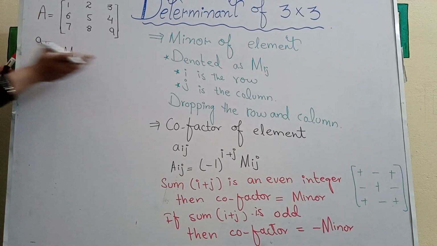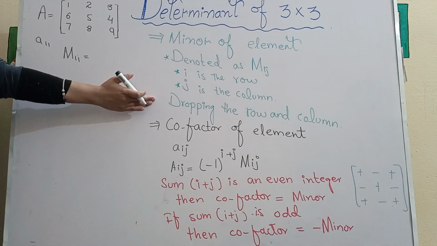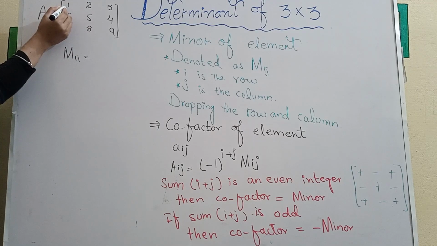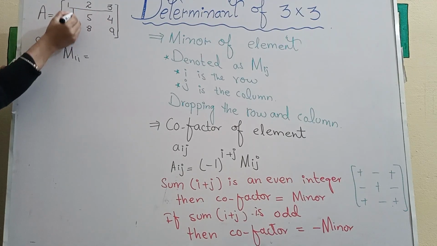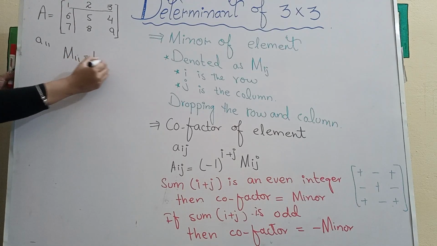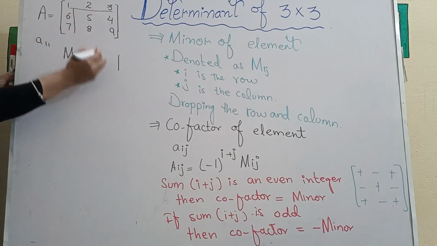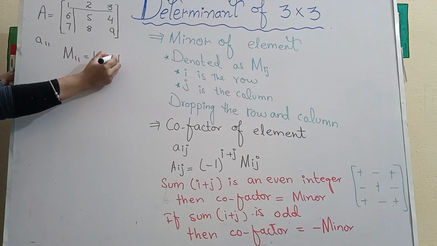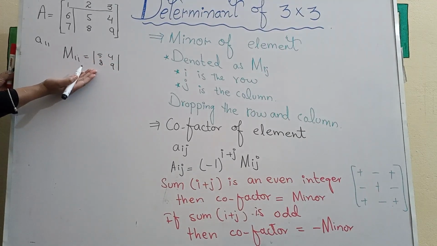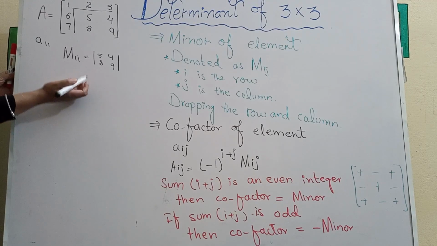For the minor, as we have discussed, it is the dropping of the row and the column. So we are going to drop this row and this column and the remaining elements are left. So we are going to take the determinant of these remaining elements, that is 5, 4 and 8, 9. And this determinant is so easy to calculate.